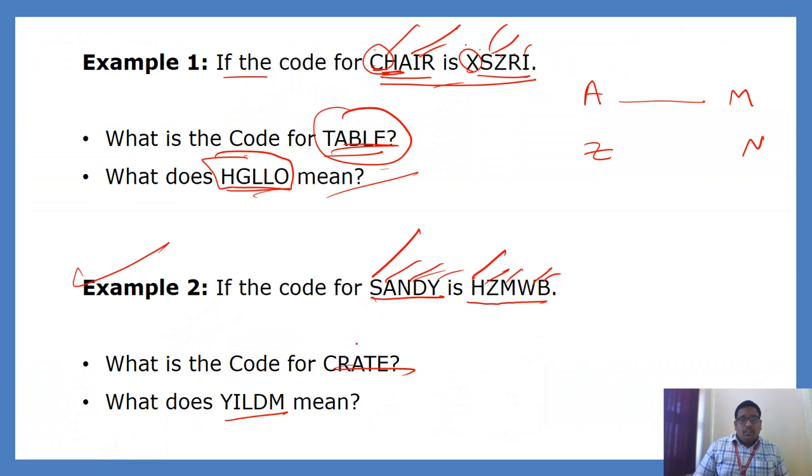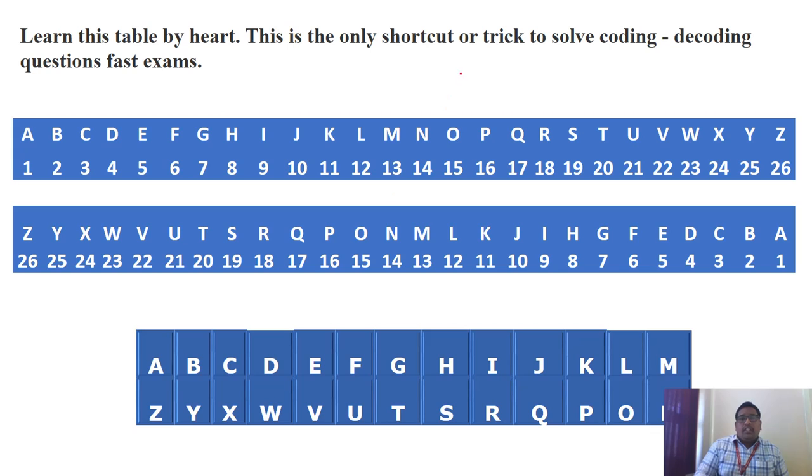Now, I want the code for CRATE. I want to find the respective mirrors for it. So C is X, R is I, A is Z, for T obviously it's G, and E is V. XIZGV.